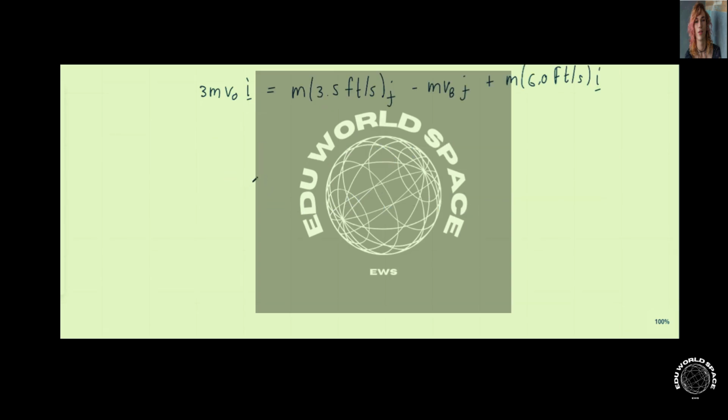If we equate the i and j coefficients, the one vector equation gives us two scalar equations. 3 v naught is equal to 6 feet per second. And the j components tell us that 0 must equal 3.5 feet per second minus the speed vB.